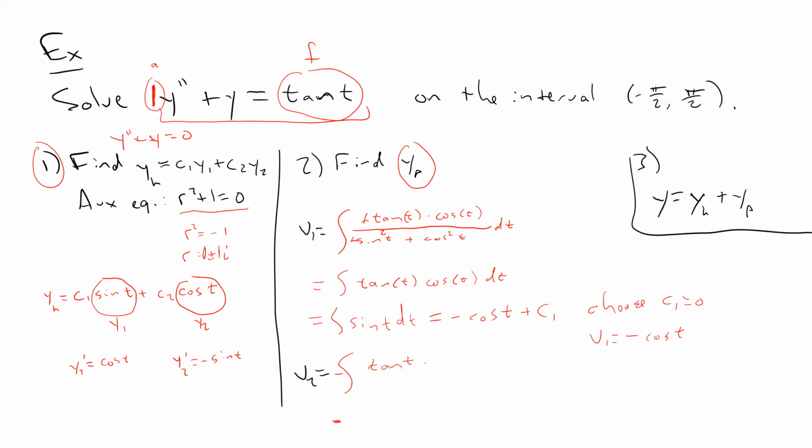But now y1 is sine t. And the bottom doesn't change. We still have sine squared plus cosine squared, so really that's just going to simplify to 1.